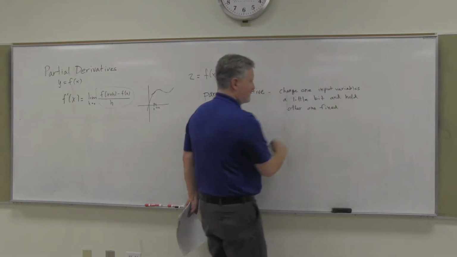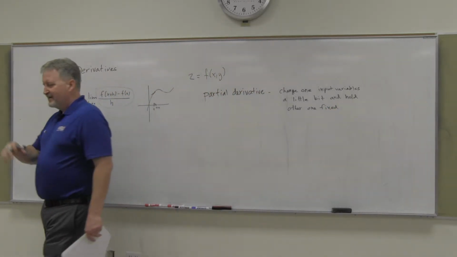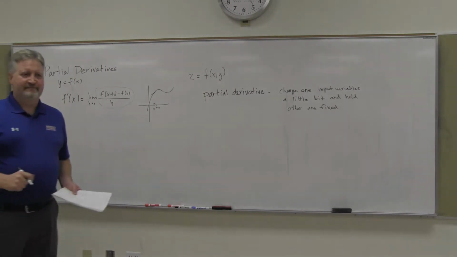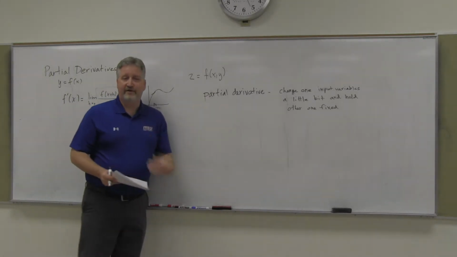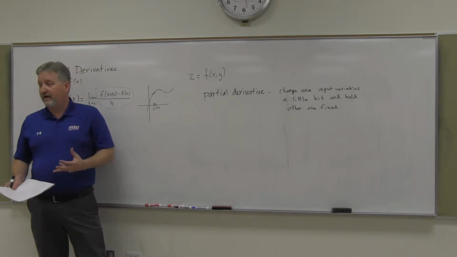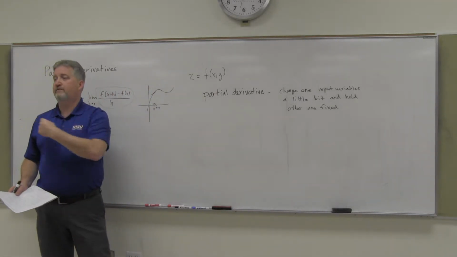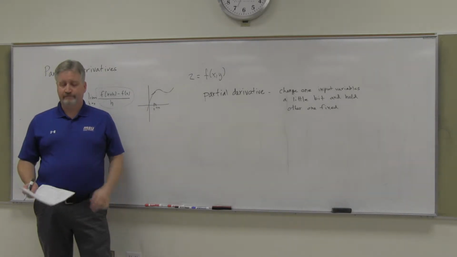That's kind of key to this. You're changing one a little bit, but the other one is not changing at all. Even though both the x and y could change at the same time, with partial derivatives we're just changing one of them at a time.